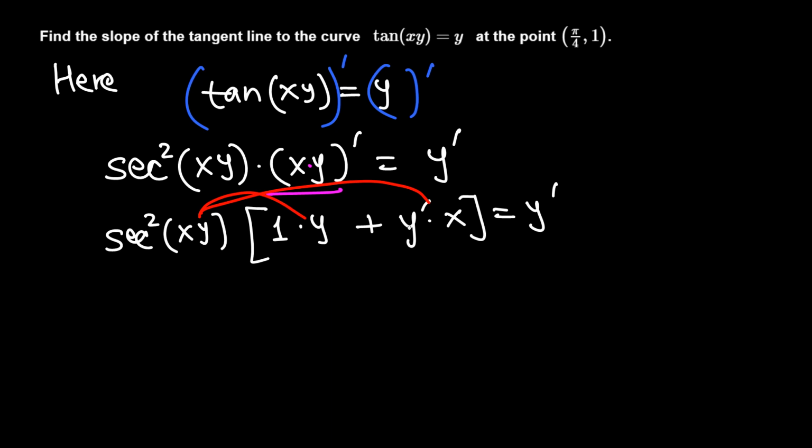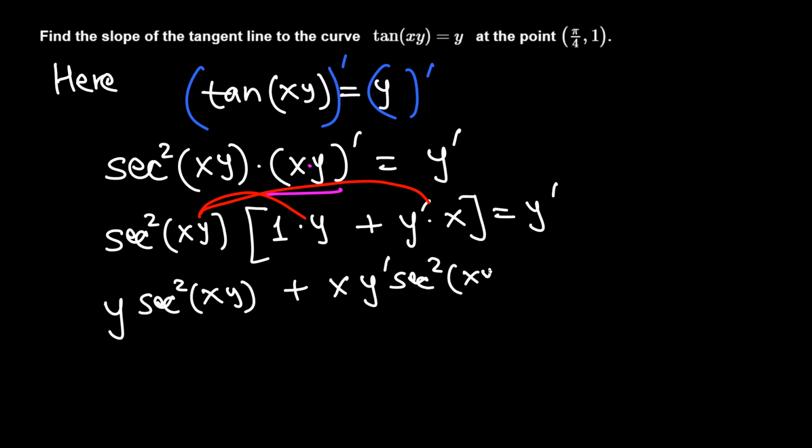This is how we can separate y prime term, and we need to combine with this y prime. So secant square xy times y is y, let me write in the front, secant square xy, plus similarly x y prime secant square xy is equal to y prime.